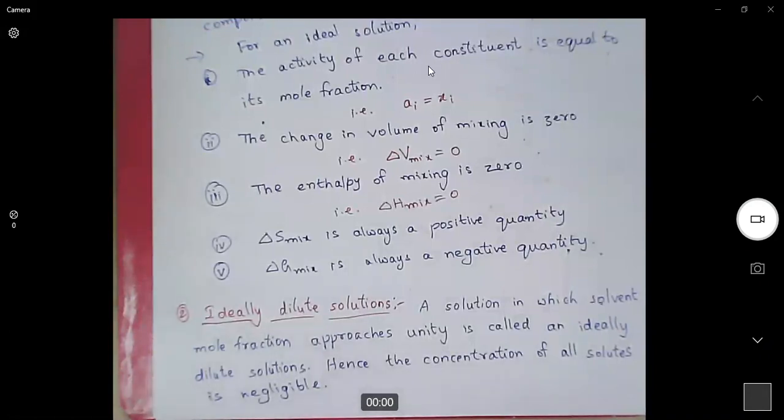When the fraction of solute is almost zero, the fraction of solvent is always 1, because XA plus XB is equal to 1. So a solution in which solvent mole fraction approaches unity is called an ideally dilute solution. Hence, the concentration of all solutes is negligible.